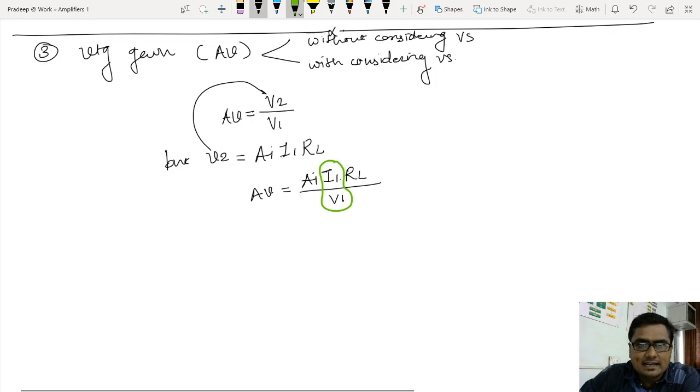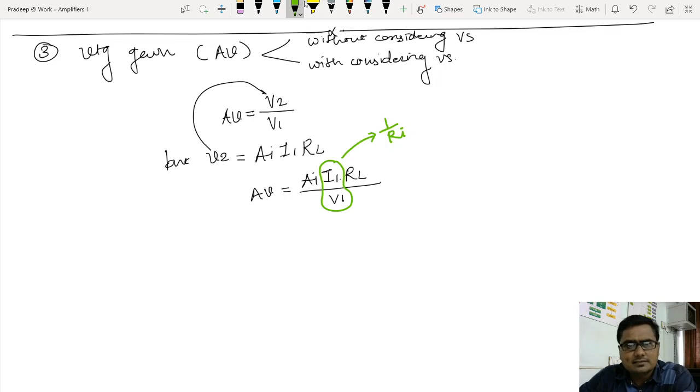Can I replace this with 1 divided by input impedance? Yes, it is possible. No matter what the equation of Ri is, it is a ratio of input current to input voltage. So 1 divided by Ri is purely valid.